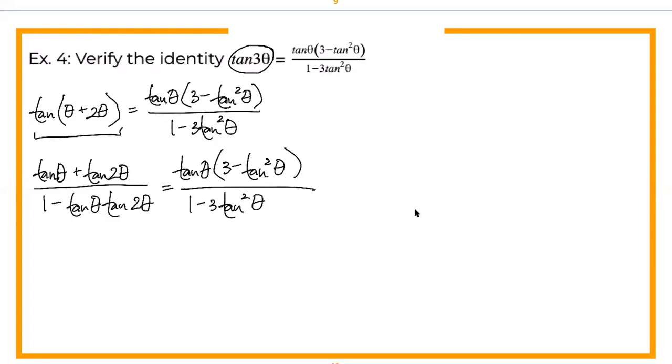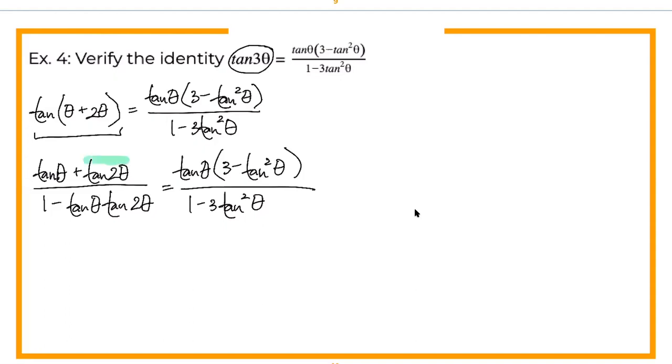All right, so we've made one substitution and we're getting kind of closer. But when we look at the other side, another thing I notice is there's only tangent theta. There's no like two thetas. So I got to get rid of those two thetas somehow.